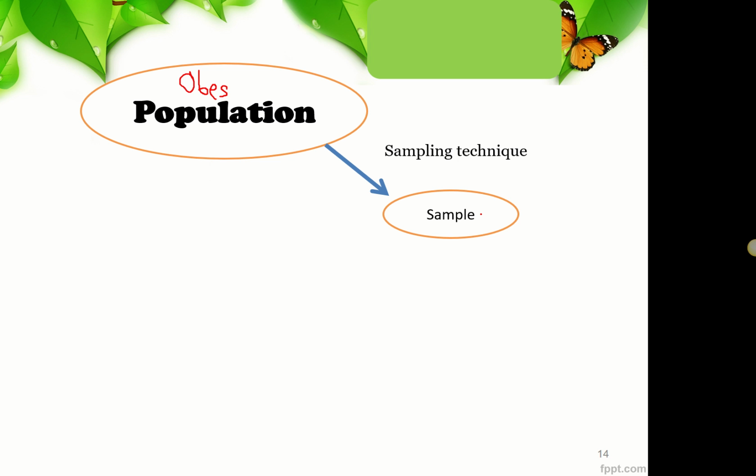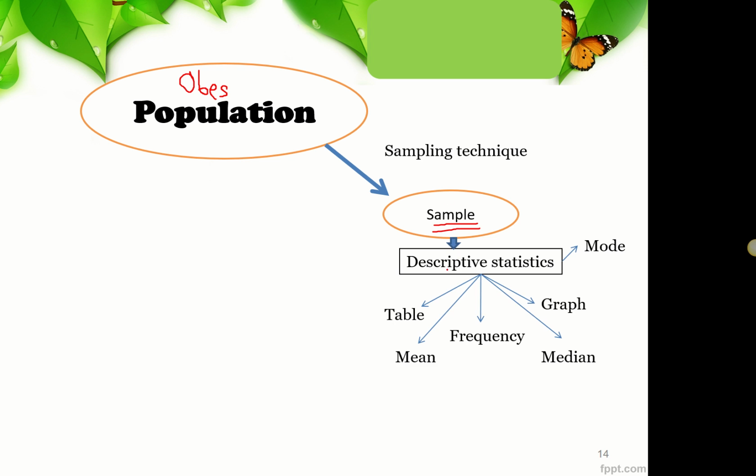When we collect our data, it is based on the sample. So this is our data, and we are doing descriptive statistics for our sample. We are describing our sample, producing the mode, table, graph, frequency, median, and mean, depending on our data.